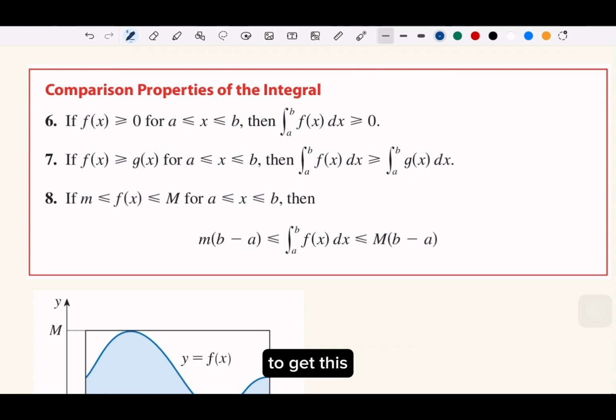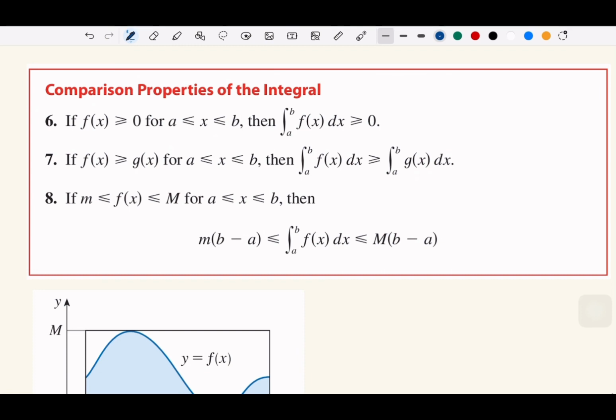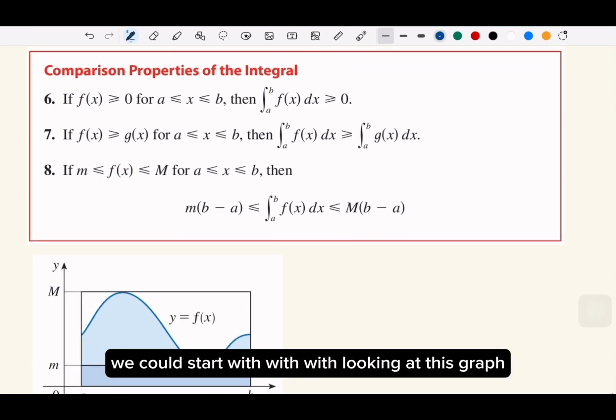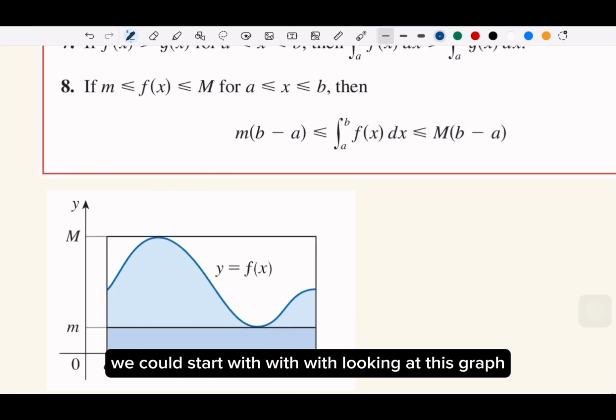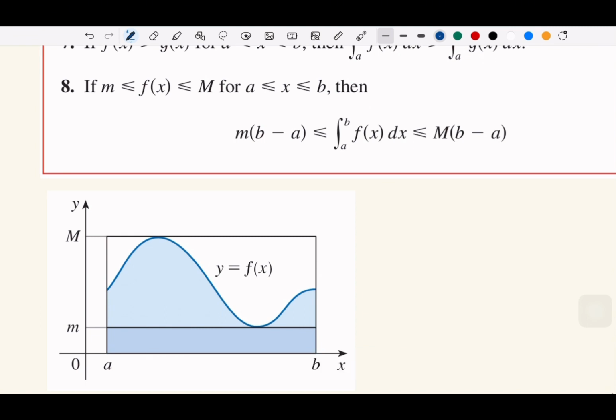So to get these expressions of this comparison, we could start by looking at this graph, and we set some points here. So let's say this is our f, and this f is in between this small m and the capital M. So we could see that f is in between those two values.